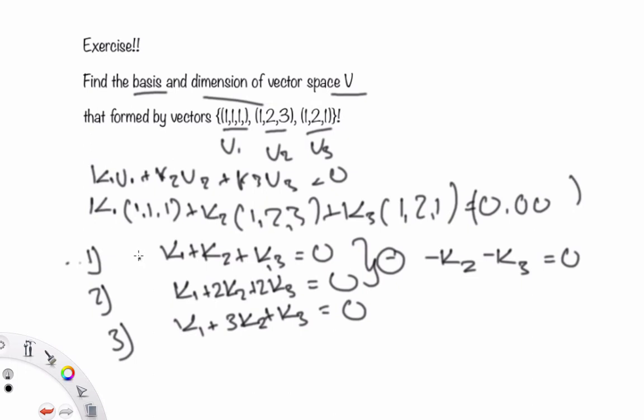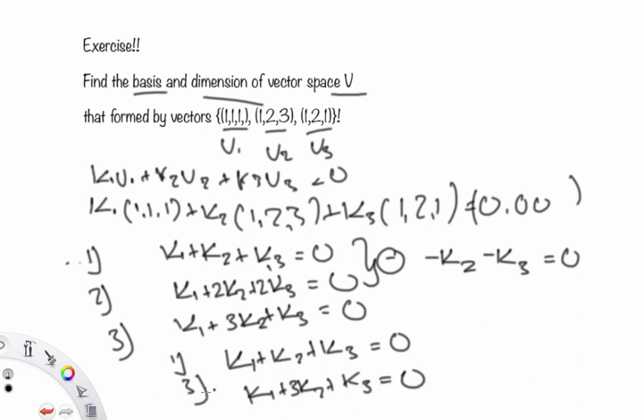And then we can also operate from the first equation to the third equation, where it is k1 plus k2 plus k3 equals 0, and k1 plus 3k2 plus k3 equals 0.